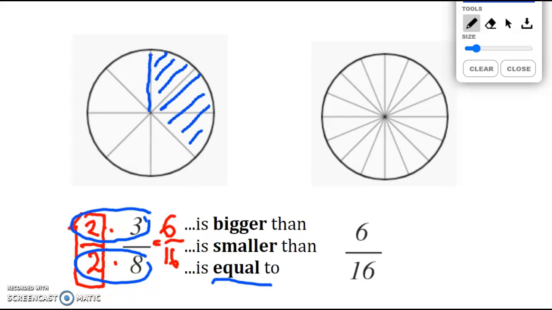We have this much of pizza remaining. 6 out of 16 just means the pizza is divided into 16 parts, and we have 6 of those pieces. So 1, 2, 3, 4, 5, 6. And they are indeed the same amount of pizza remaining. So we can see visually that they are the same, and we can see mathematically that they are equivalent.